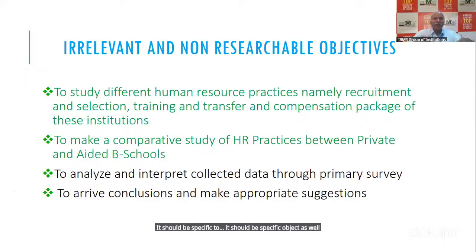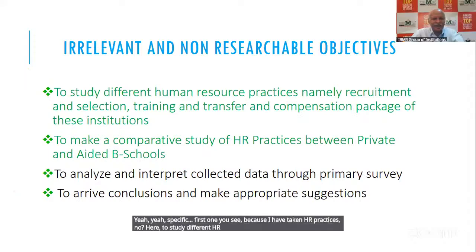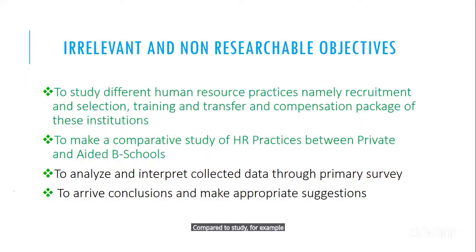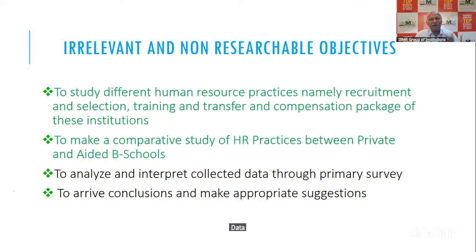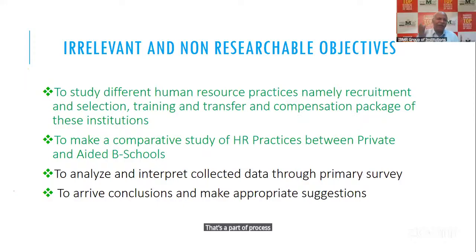Yeah, specific. First one you see, because I have taken HR practices: to study different HR practices, the first and second could be a little bit researchable objectives compared to, for example, data analysis and interpretation, which is a part of your research. That should not come in an objective. That's a part of the process.